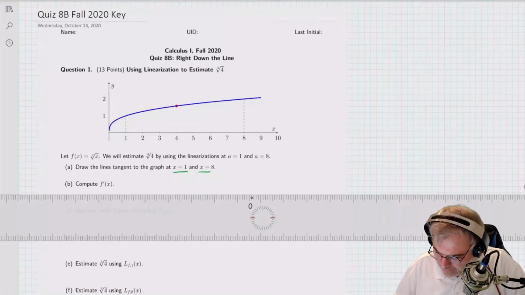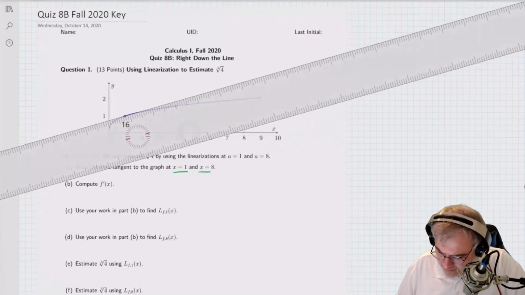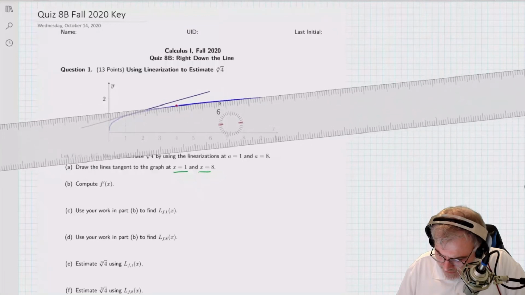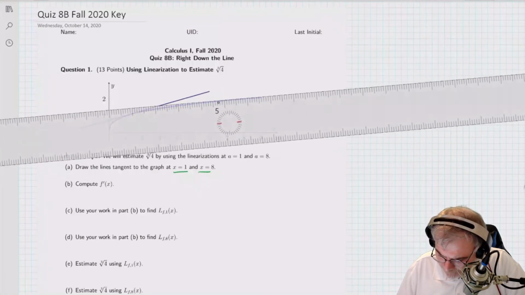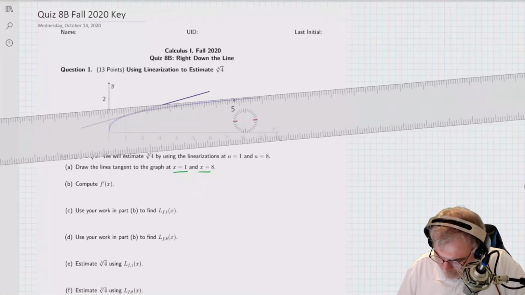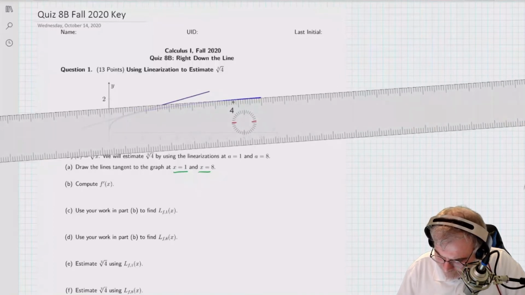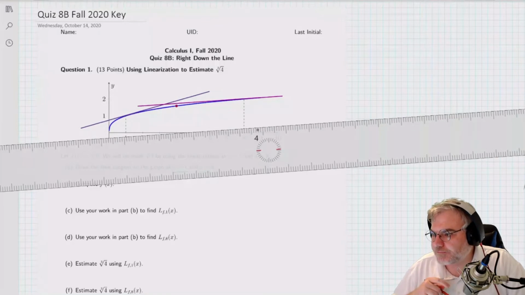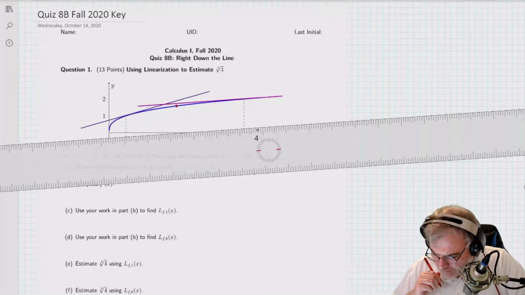So I need this one here, and I need this one here. Okay, so those are the two lines I need.